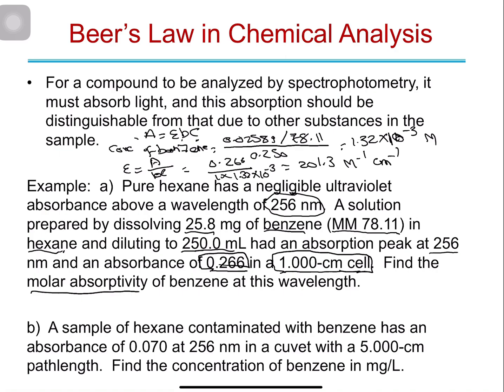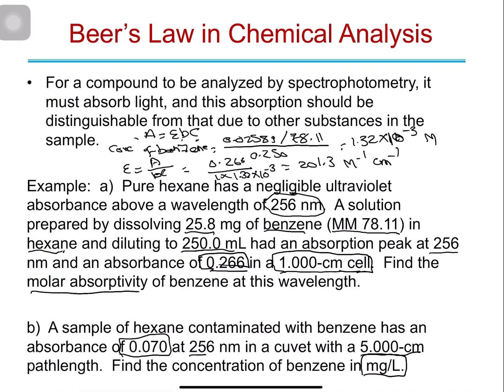The second part of the question says if a sample of hexane contaminated with benzene has an absorbance of 0.070 at 256 nanometer. This time the cuvette was 5 centimeter wide, or the path length was 5 centimeter. We need to find the concentration of benzene in milligram per liter.